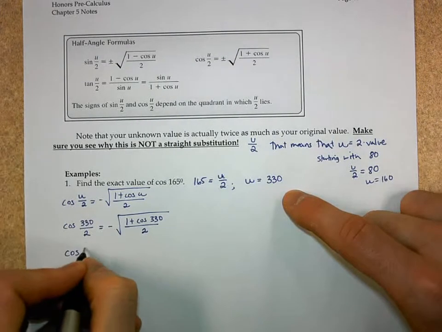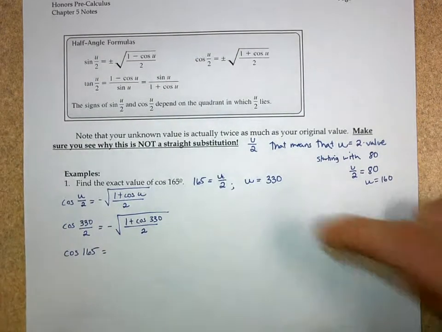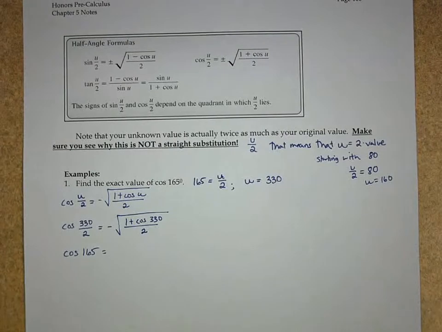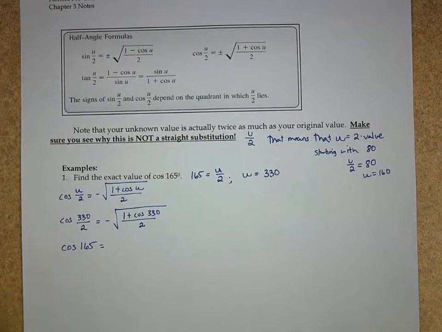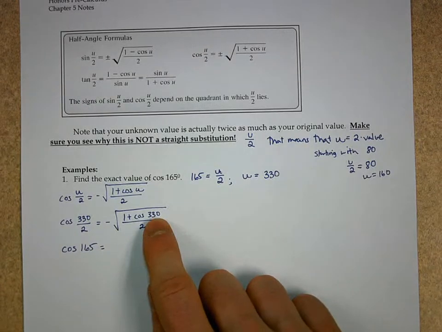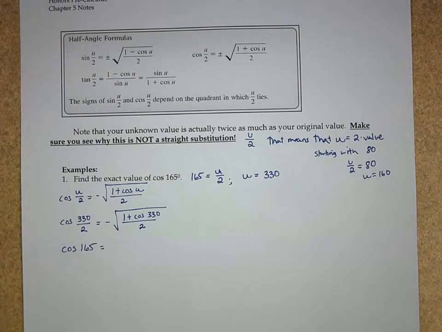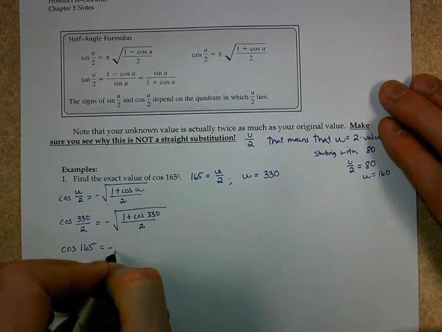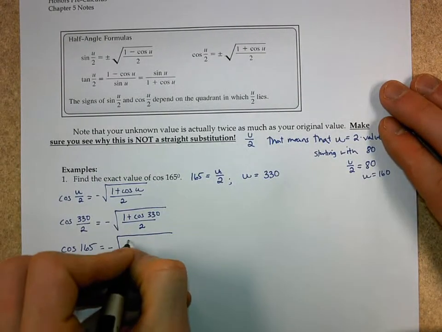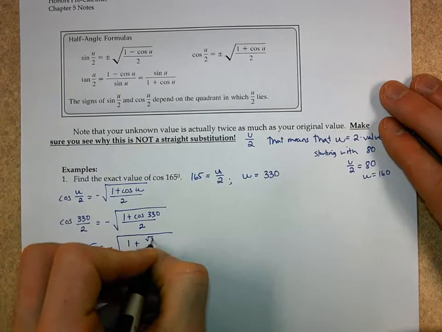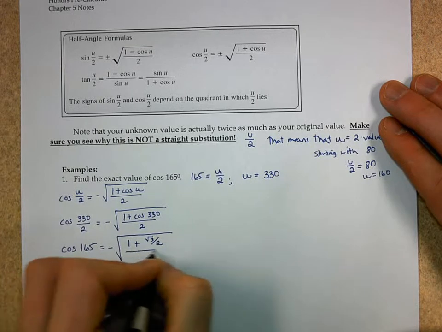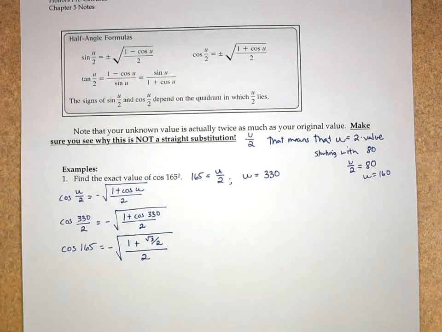And the left-hand side simplifies down to 165. We knew that's what I was looking for, the cosine of 165. The inside, cosine of 330, we know is square root of 3 over 2. So now my square root looks like this. 1 plus square root of 3 over 2 all over 2.